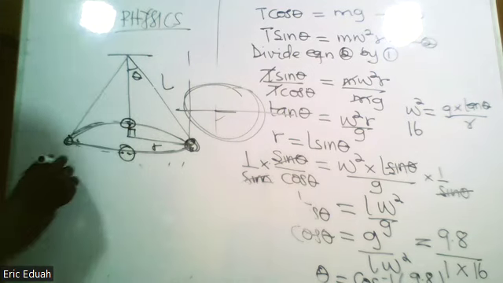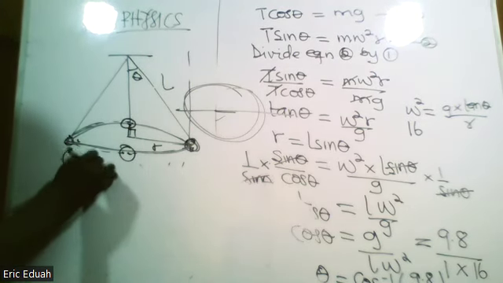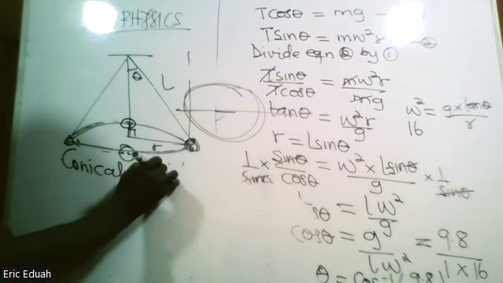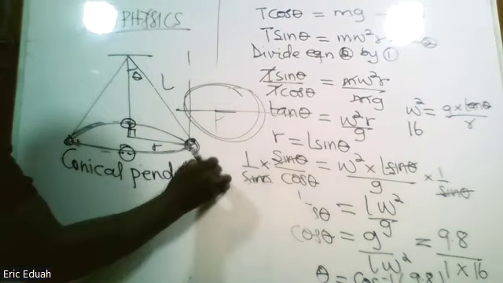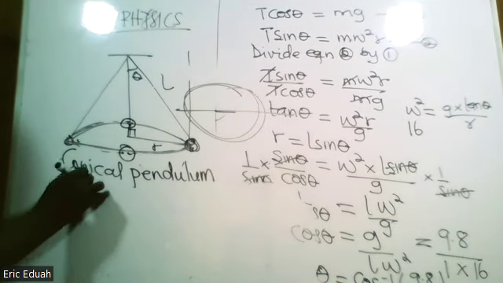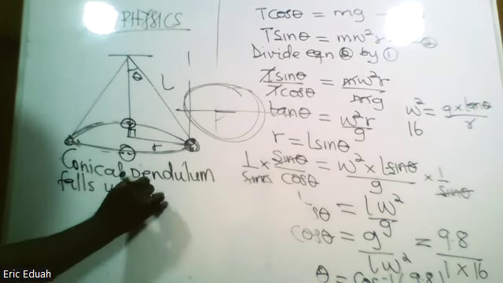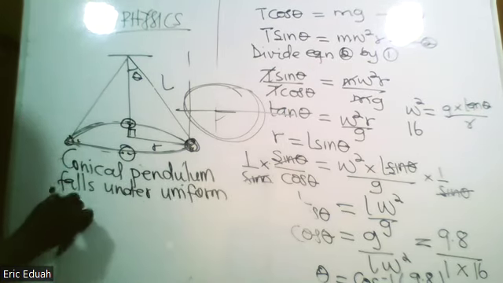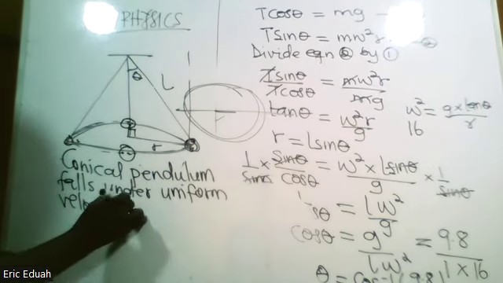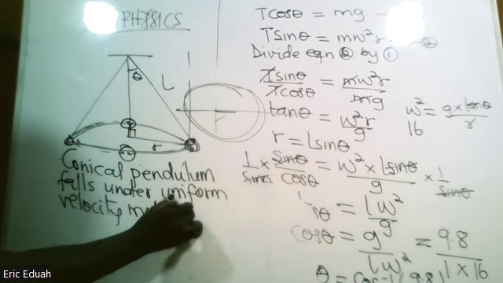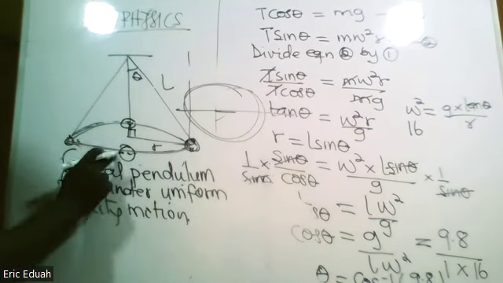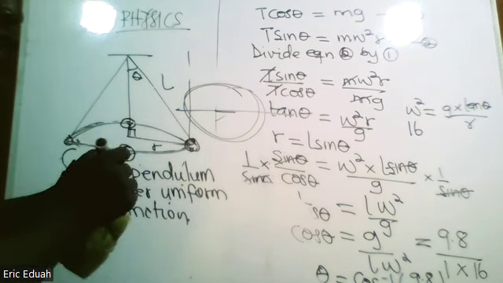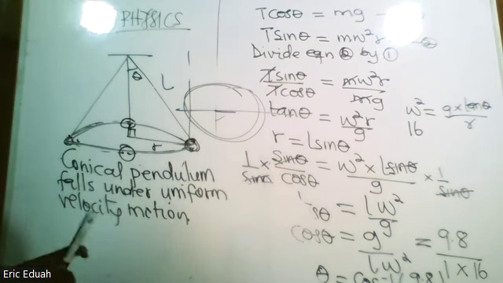So this conical pendulum falls under uniform velocity motion, because the effect of gravity on the body as it rotates or revolves is the same at all positions. Okay.